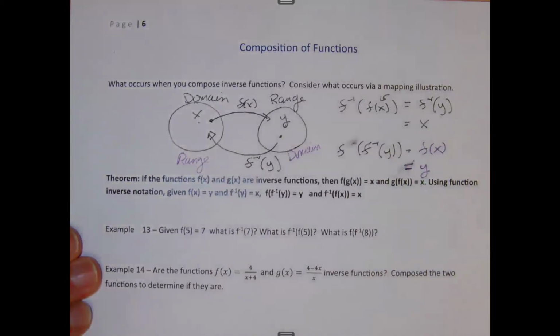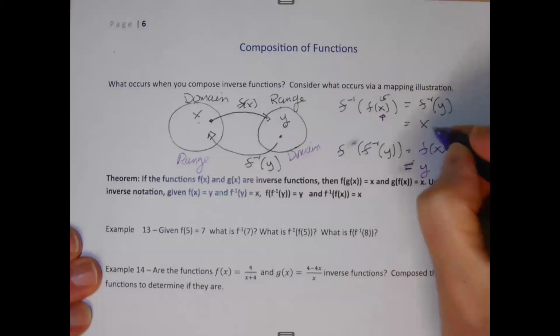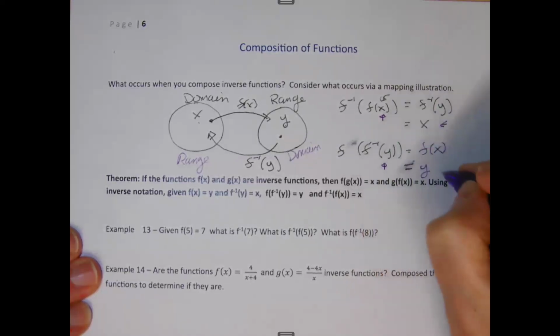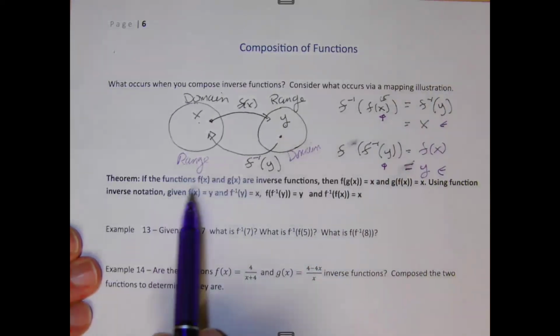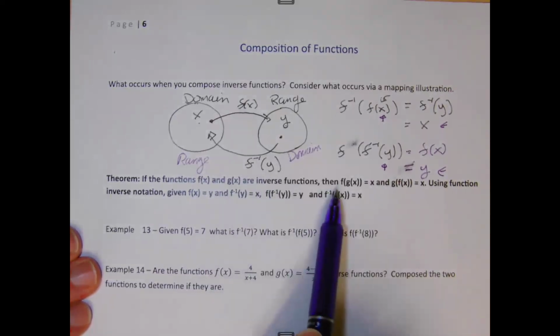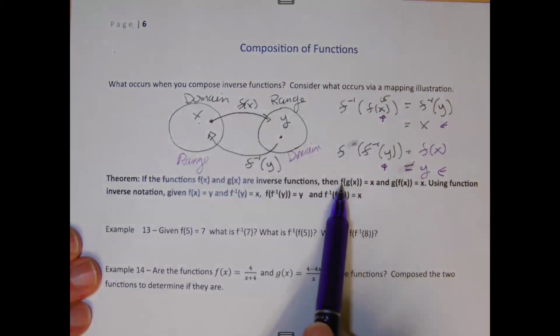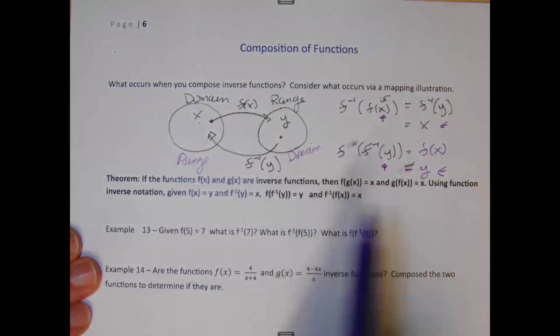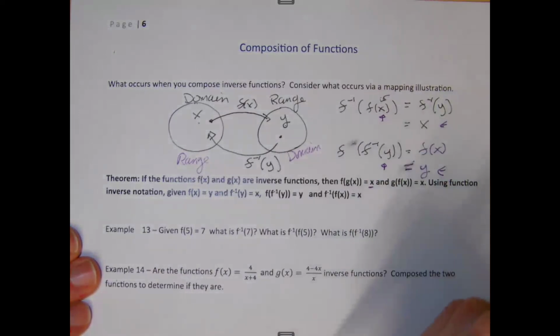So it looks like if I compose, notice each time, whatever I started out with, that's how I end. If I start with Y, I end with Y. If I start with X, I end with X. Theorem: if the functions f and g of x are inverse functions of each other, then if I compose one with the other, g of x inside of f, what do I get? Well, I get the same thing. Whatever I start out with, that's what I wind up with.